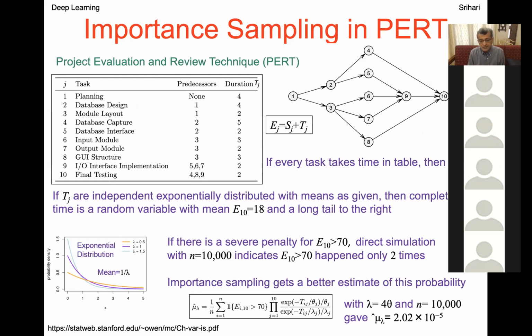So it says importance sampling is the method that is used to get an estimate of the distribution. You can say, well, it's going to take me between 10 and 15 weeks to finish this project, and maybe the mean is 12, and the standard deviation is 2 or something like that.